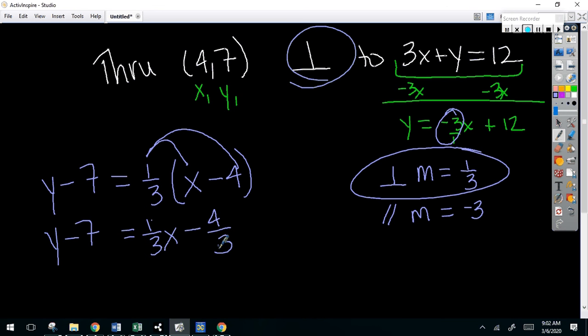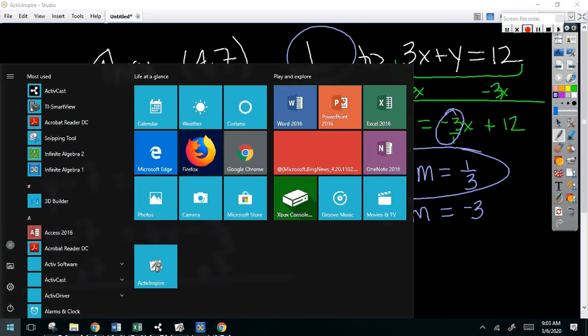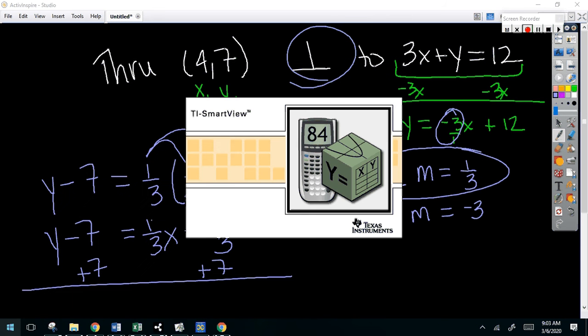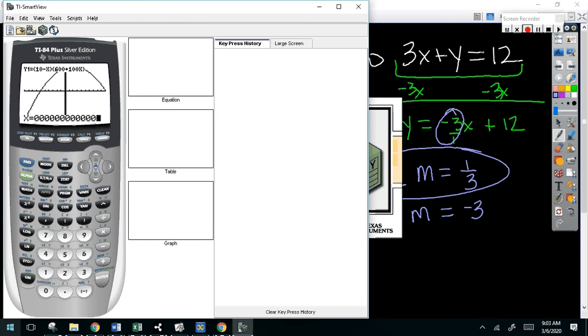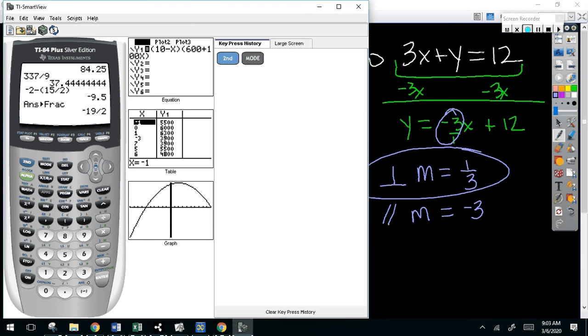All right, here's why this one's harder to solve for y. I've got these two fractions, and to that negative 4/3, I need to add 7. All right, so let me show you what I would do, especially if I were on the EOC and I needed to do this and make sure I got it right. If you do negative 4/3, so fractions always go in parentheses, negative 4 divided by 3, and I needed to add 7 to that, right?